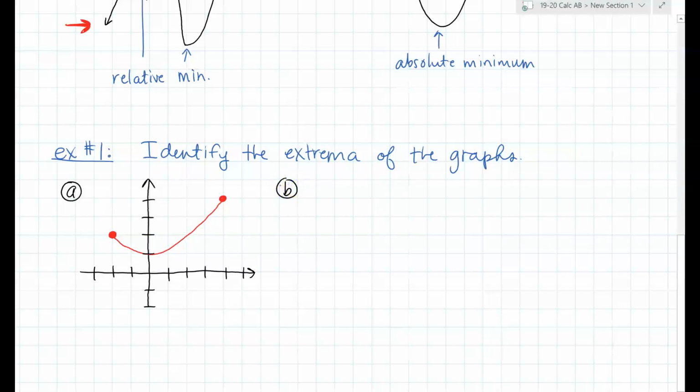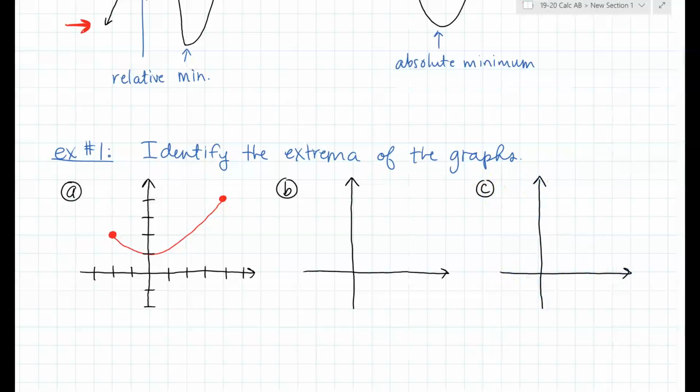For B, I'm going to draw the same picture, okay? Same exact picture, only slight differences. And then for C, I'm going to do the same thing as well. Same picture, slight differences. All right, so for B, we'll do this. 1, 2, 3, 4, 1, 2, 3, 4.